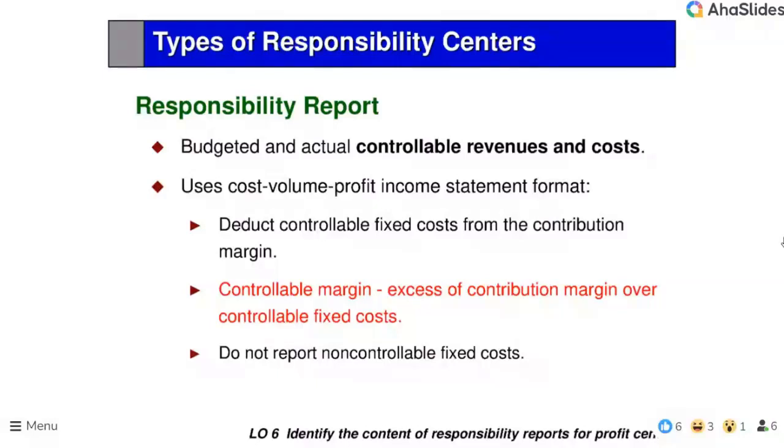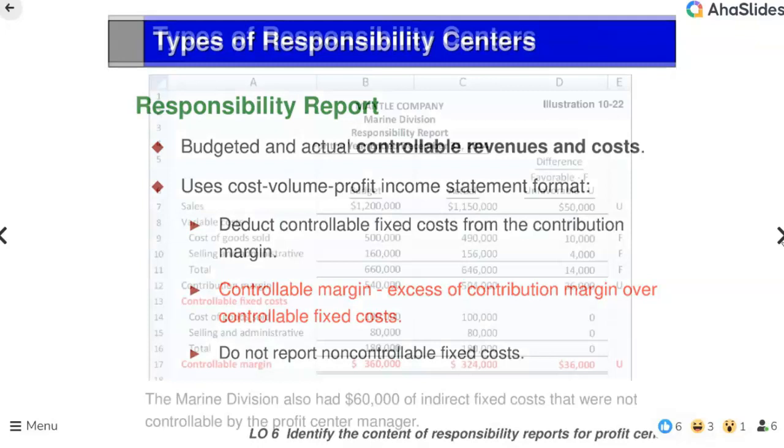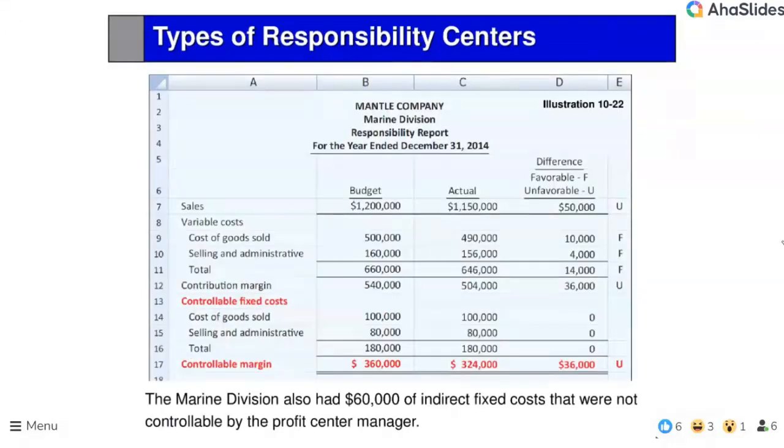Of course, contribution margin is based on variable costs, remember? Variable costs are controlled by the manager, but also there are some fixed costs. So we subtract the controllable fixed costs and we come up with a controllable margin, which we basically call profit. It's the terminology again. So here we have the Marine Division department manager, flexible budget sales, 12,000 actual. We have the cost of goods sold, and so on.